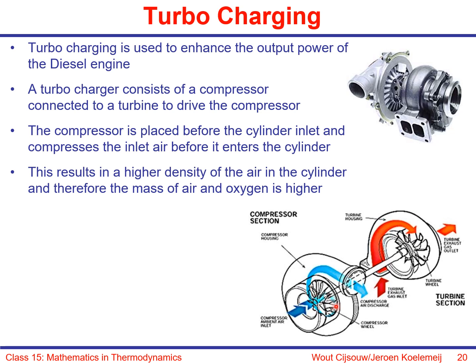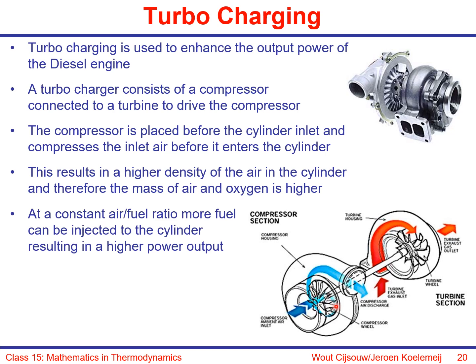There's a higher density, and the mass of air, and in particular the oxygen, is higher, and you can let in more diesel to have that combusted. So while you keep the air-fuel ratio fixed for optimum combustion, you burn at the same time more fuel, and you get a higher power output from your engine, higher torque, for example.